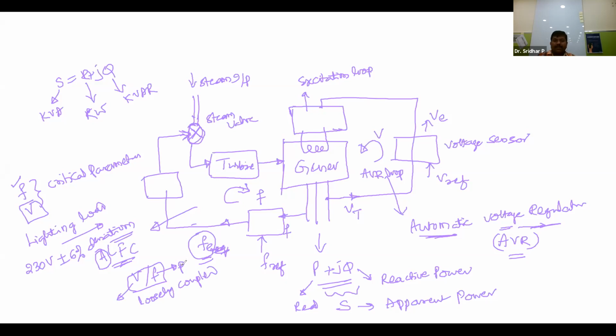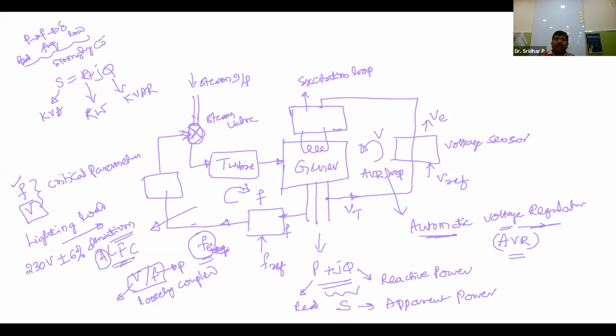If the real power changes, then within no time the frequency abruptly changes. So there are some pairs: real power, frequency, and load angle, which is the machine angle. These are strongly coupled parameters.